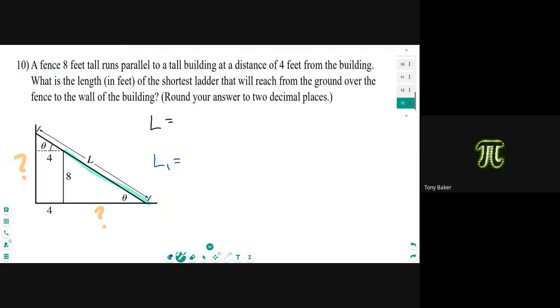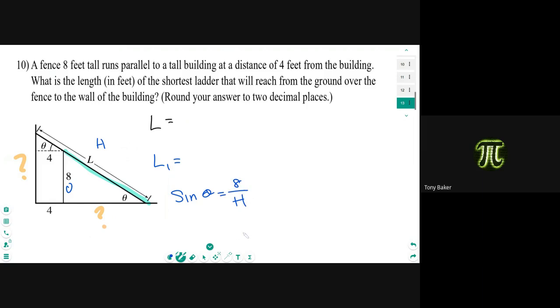So that's the hypotenuse, right? And I have my what? Opposite. So which one's opposite in hypotenuse? Sine. So I have sine of theta is 8 over h.